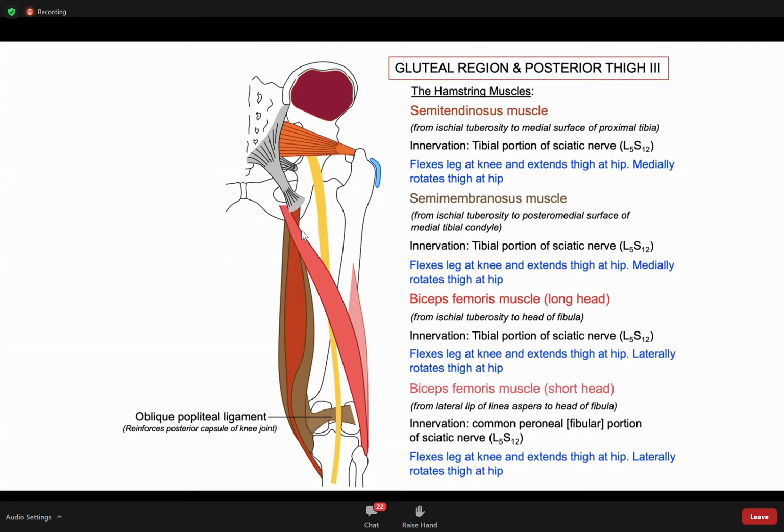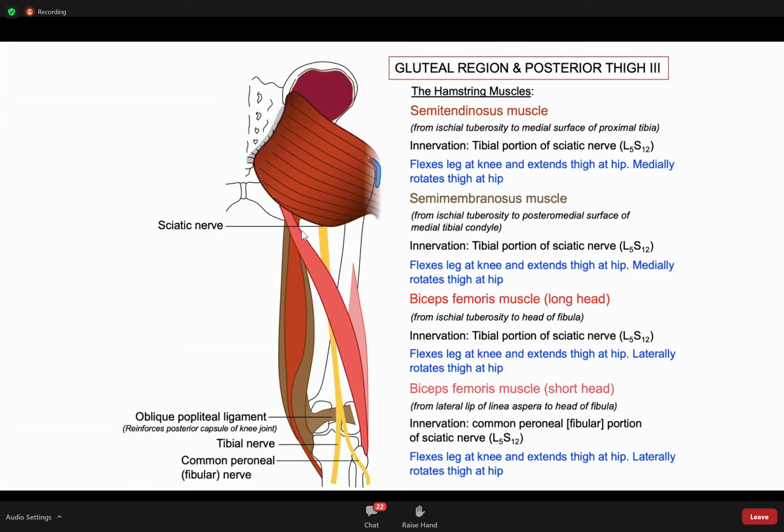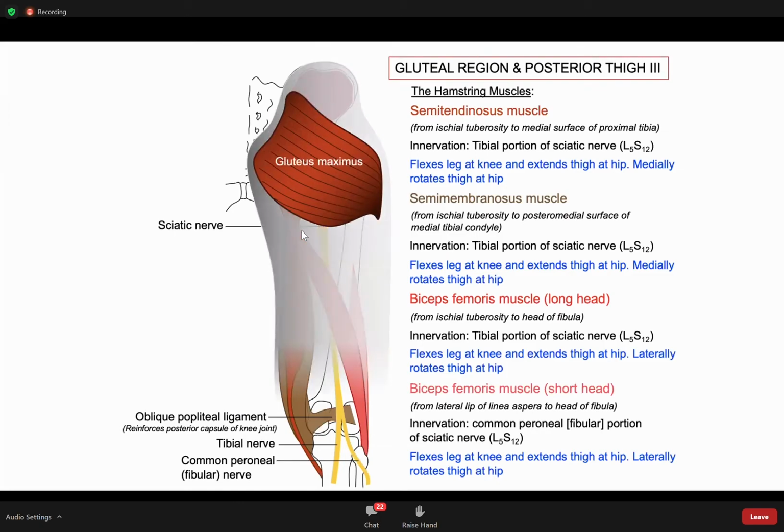That's an old name, and this common fibular is a new name. You can see it's dividing into tibial and common fibular. This is my gluteus maximus. Now, if I remove gluteus maximus, everything is visible to me. I put it there, everything is covered. Now, everything goes back. Are we fine with that?